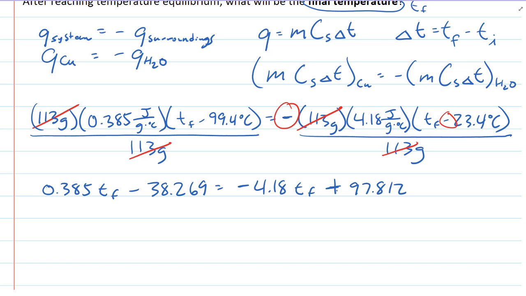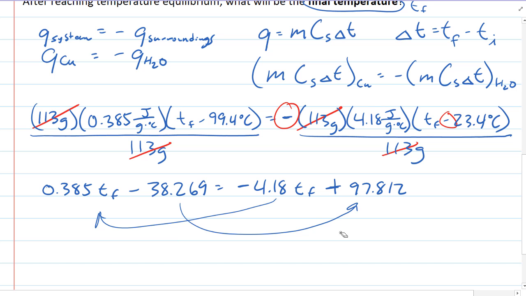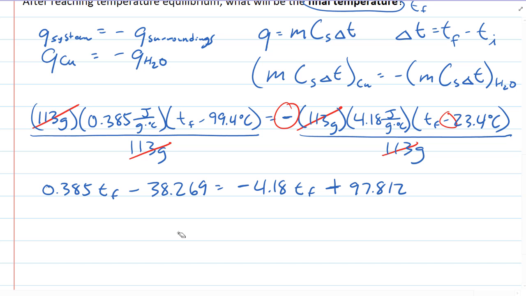I don't like negative numbers, so I'm going to put the T sub F's on this side. We'll move this over here. So in other words, we will add 4.18 T sub F to each side. So we'll take 4.18 plus 0.385. You may do your algebra differently. We should wind up with the same result.